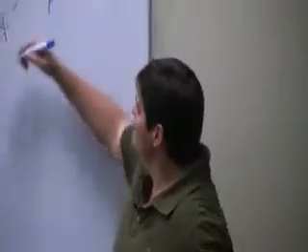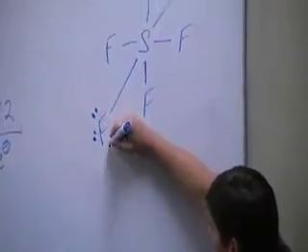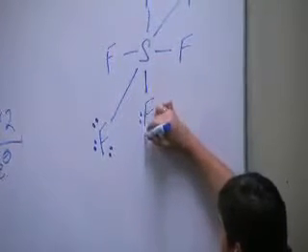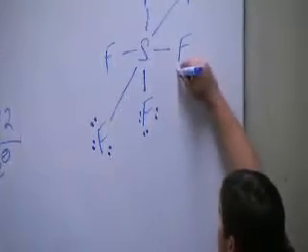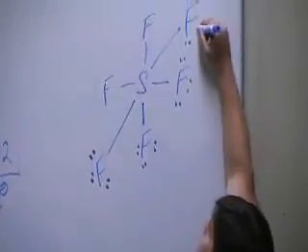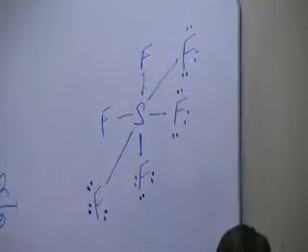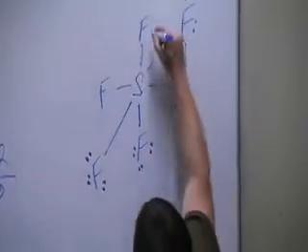It will have 8 electrons around it. So we put them as lone pairs around the fluorines. Notice how we're putting them as pairs and not just random dots. They go as pairs.